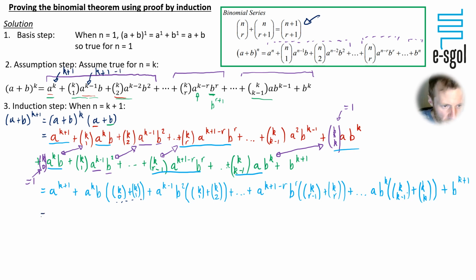So here we're going to get a to the power of k plus 1, that's good because we've changed the k into a k plus 1, plus, and then here using Pascal's identity, I can see the single k and the single k, that should turn into a k plus 1, k plus 1, and then the number at the bottom is whichever one is higher, so it's the 1.